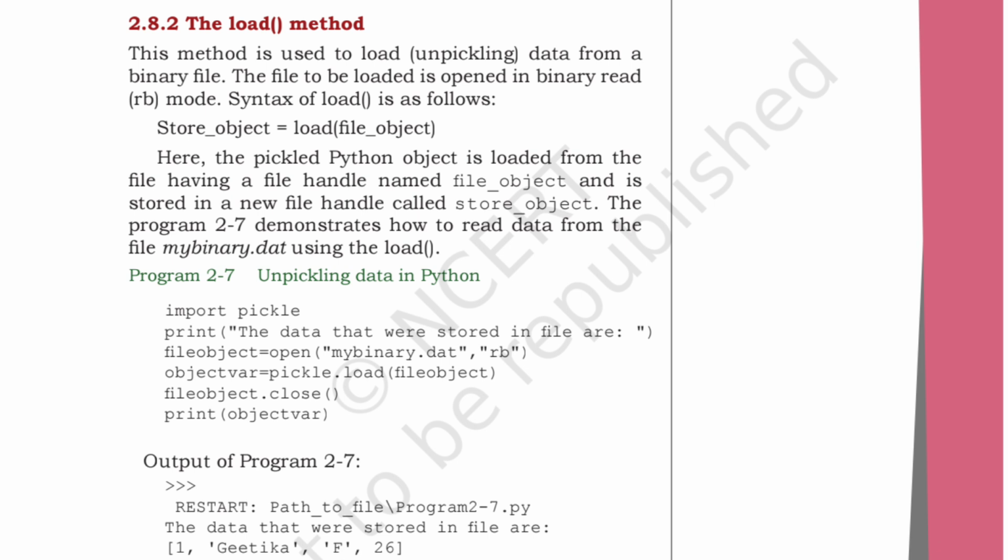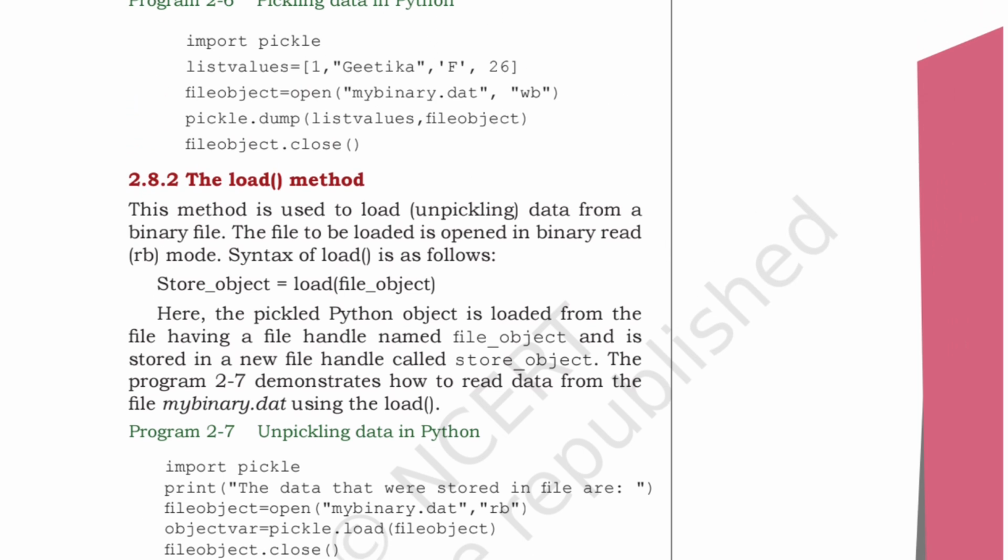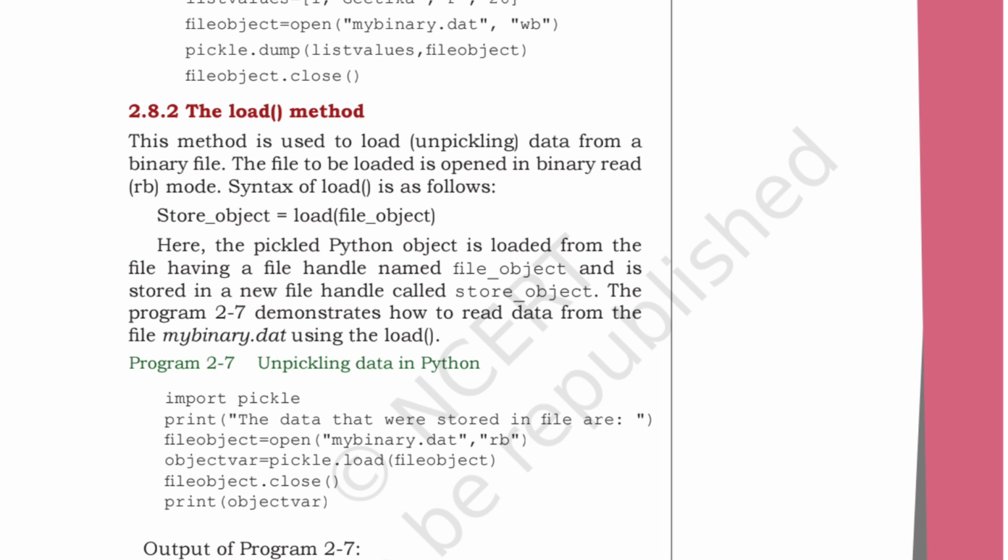So what we are doing here is unpickling the data in Python. Again we are taking the file object as a variable, opening that file in read binary mode, then taking object where as the variable, using pickle.load(file object), closing it, and finally displaying the object variable, that is object where.